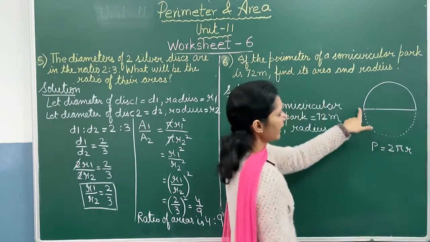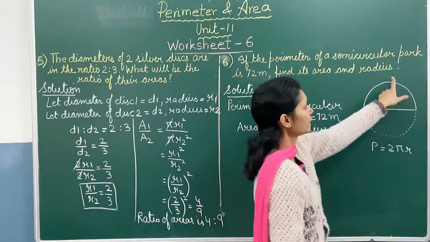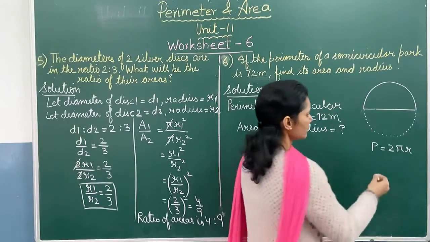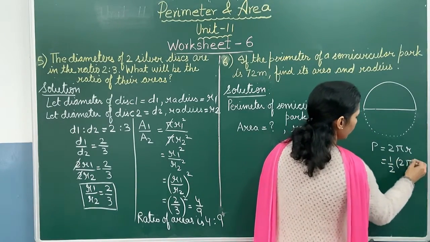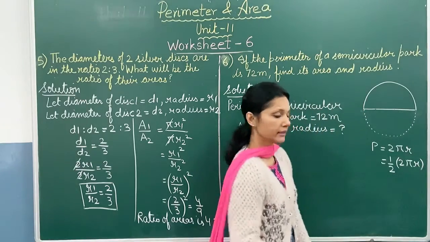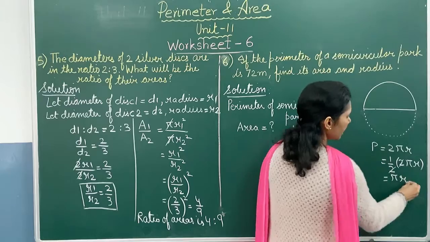But what we have here is half of the circle. So the formula for the perimeter of this half of the circle would be half of 2 pi r. And 2 would get cancelled. So the formula would be pi r.